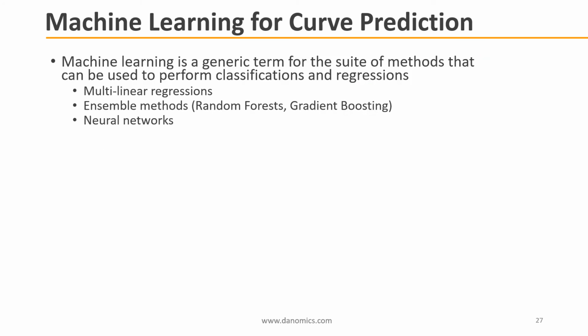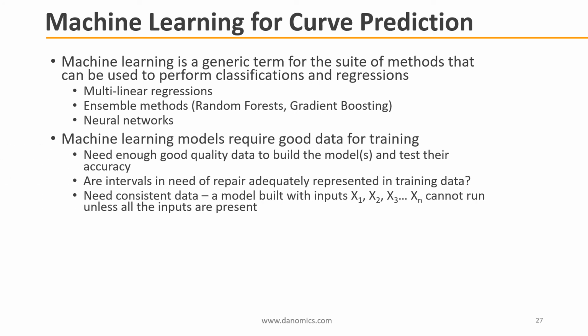Machine learning, I think, can be a bit more robust in terms of repair methods in washouts. We can use things like multilinear regression. We can use the ensemble methods like random forest or gradient boosting. We can use neural networks. There's a number of ways that this can be done. Machine learning models do require good data for training.